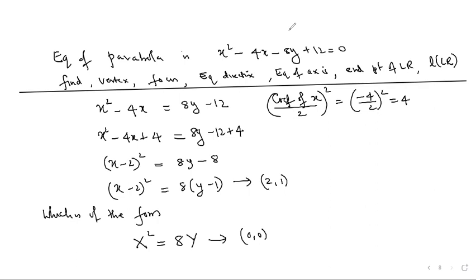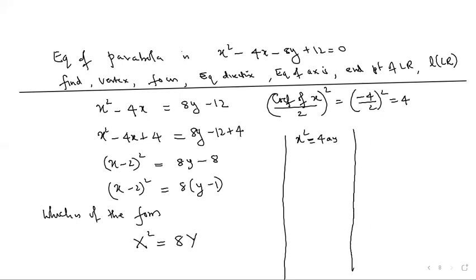Okay, like last time, we'll make columns and do it. So first column, x square equal to 4ay. Second column, x square equal to 8y.